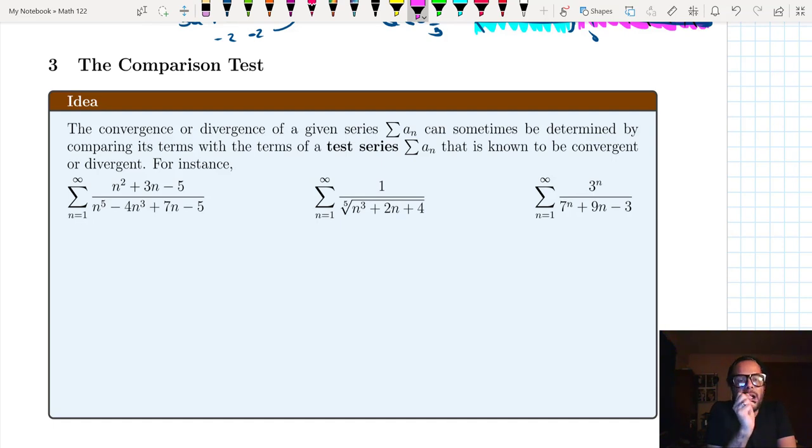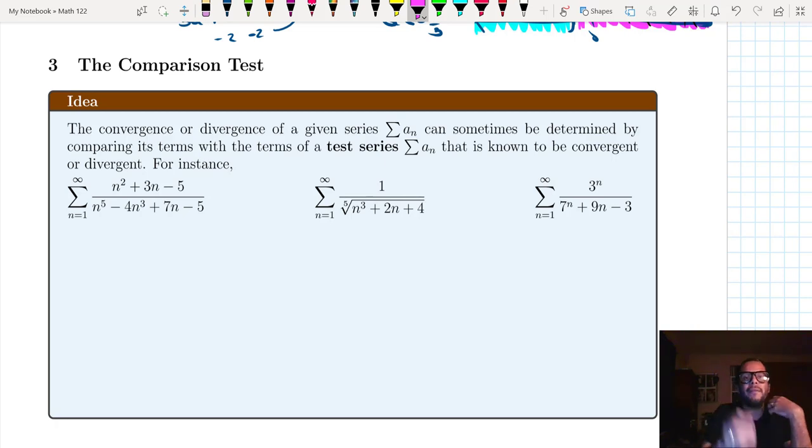However, we are going to basically eyeball the series and try to relate it to something that we know. Look at the end behavior of the form that we have.